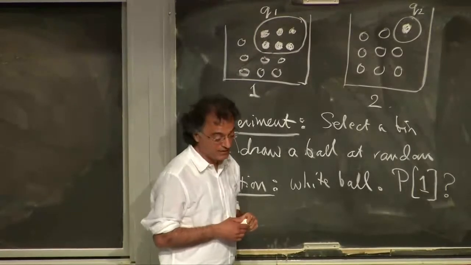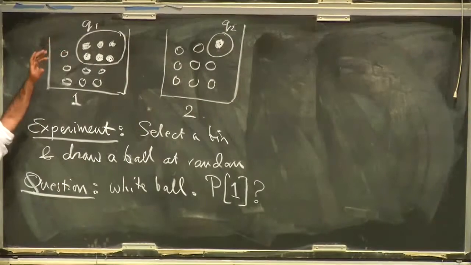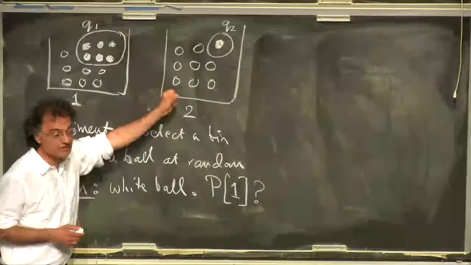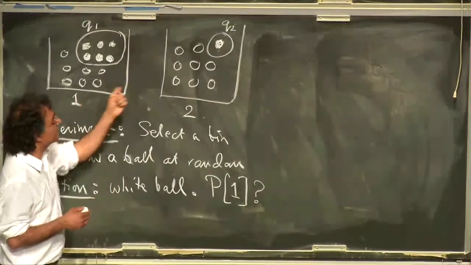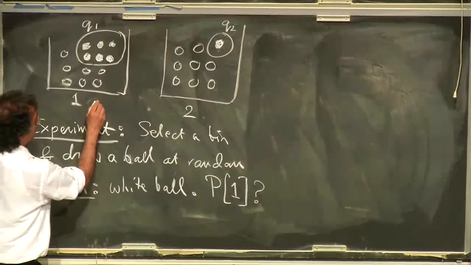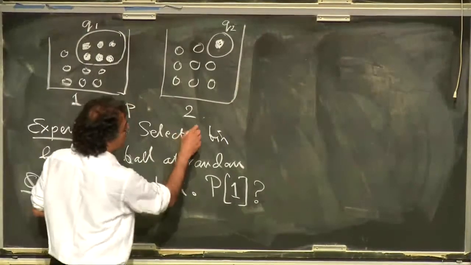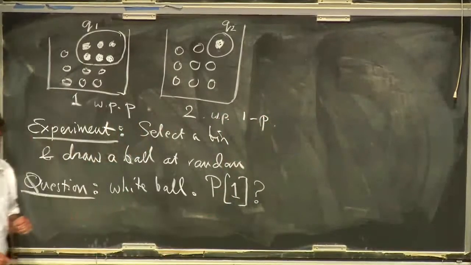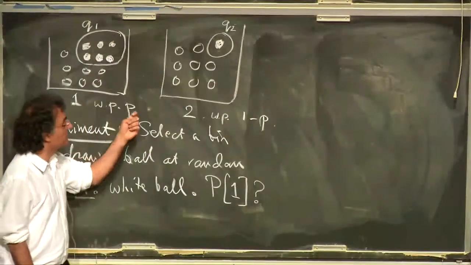But as we saw up there, to make this question meaningful, we have to say something about how we reached into the bins initially. So we reached into bin 1 with probability P, and we reached into bin 2 with probability 1 minus P. So maybe P was 50, these were 50-50.